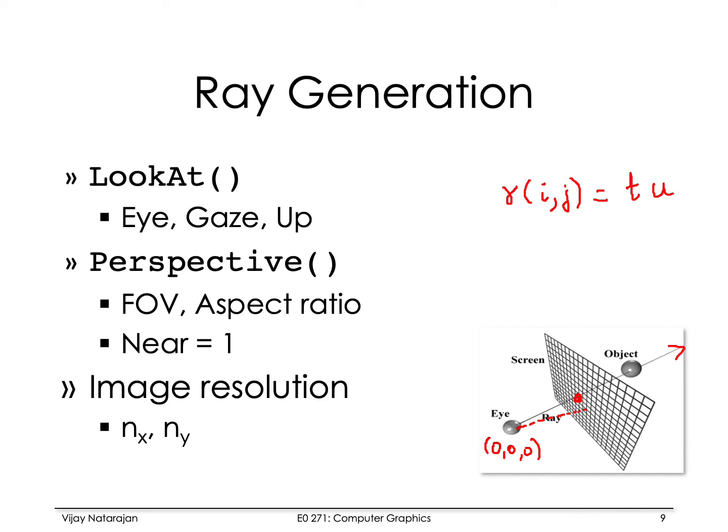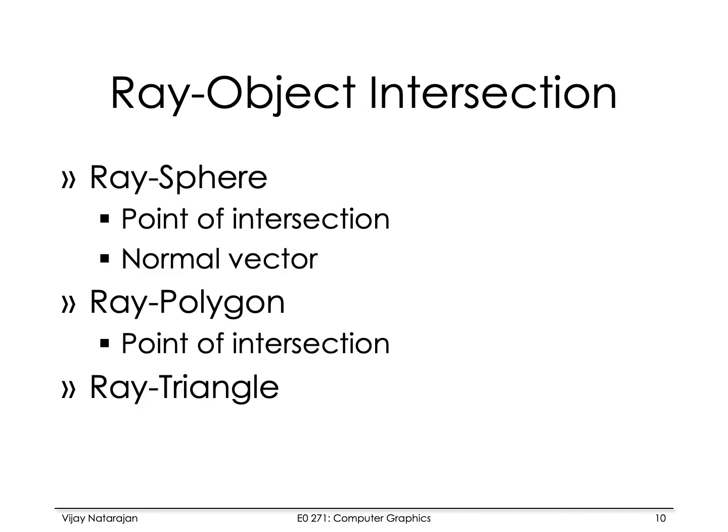Once we write down the expression of the ray, the next step is to compute the intersection of the ray with objects. Now, of course, there could be different types of objects in the scene. The graphics primitives that we have focused on are planar, so it may be sufficient to talk about ray polygon and ray triangle intersections, which we know how to do.